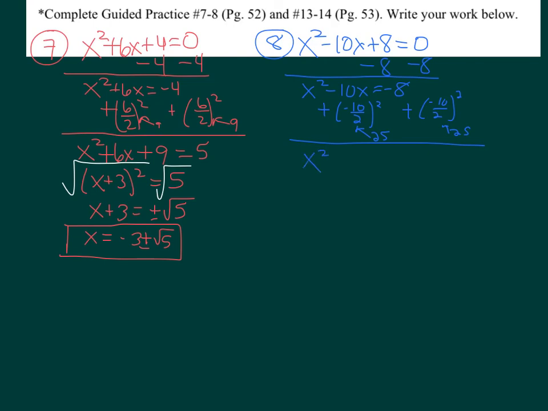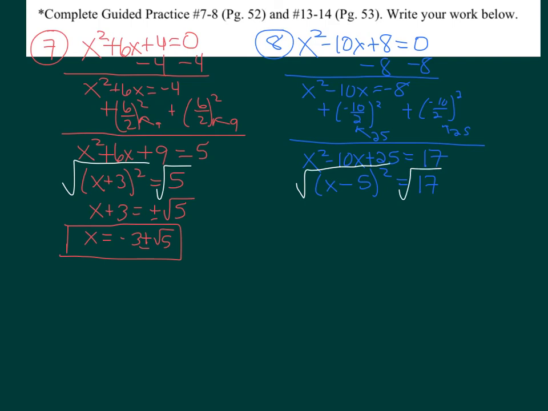So x squared minus 10x plus 25 is equal to, well, 25 take away 8 would be 17. So I write this in factored form, x minus 5 quantity squared equals 17. And I'm ready to solve with square roots.